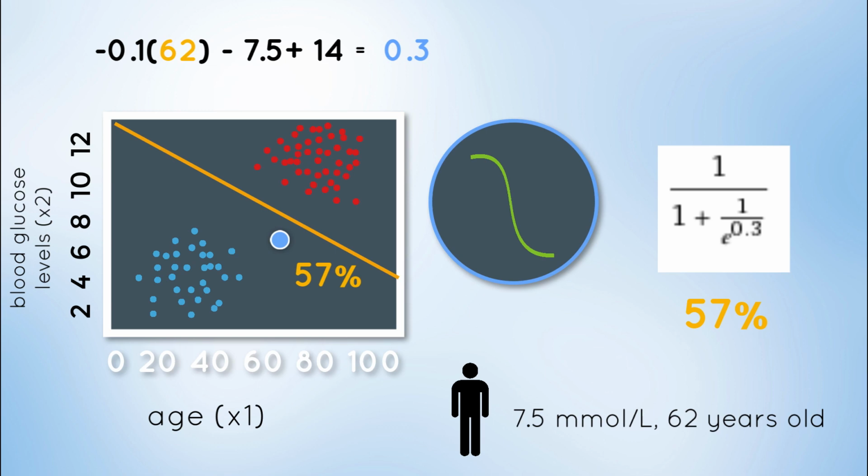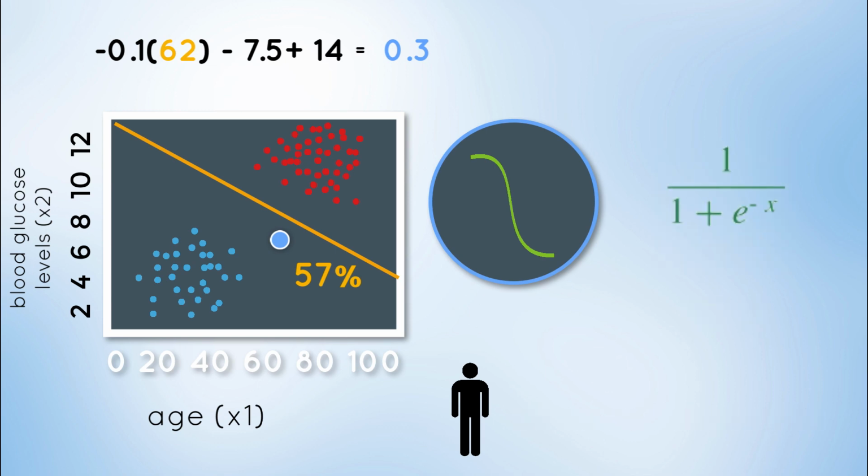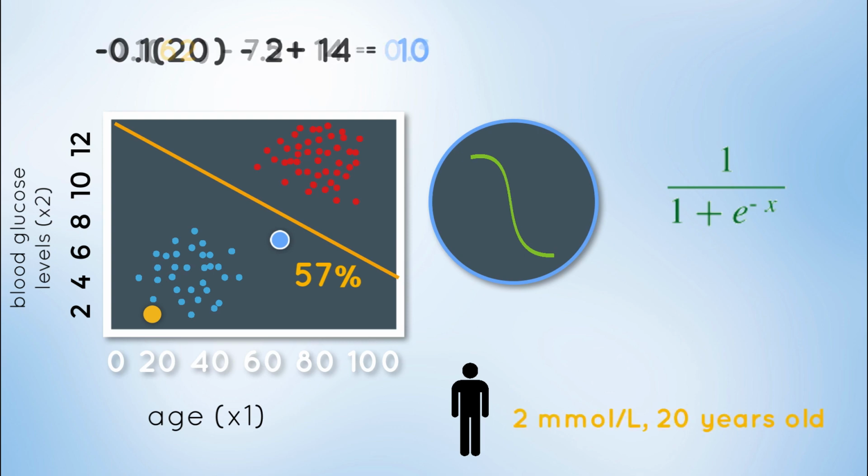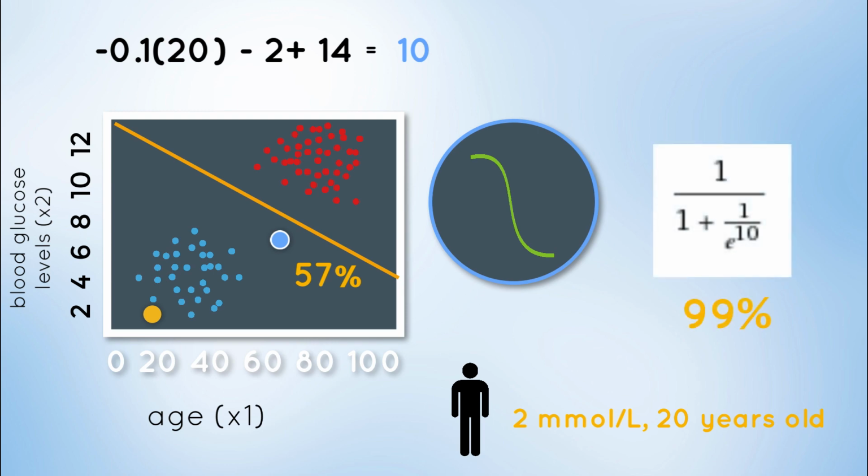Let's say we test a person who's 20 years old with only 2 millimoles per liter of blood sugar. Their linear combination would result in a value of 10. If we sub this value into our sigmoid, 1 divided by 1 plus e to the negative 10, it results in a value of 99%, which makes perfect sense.